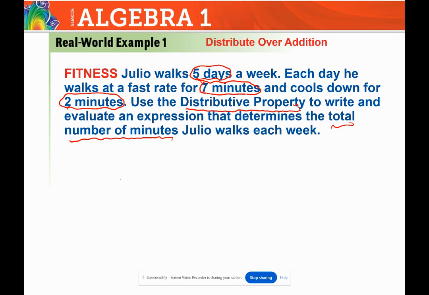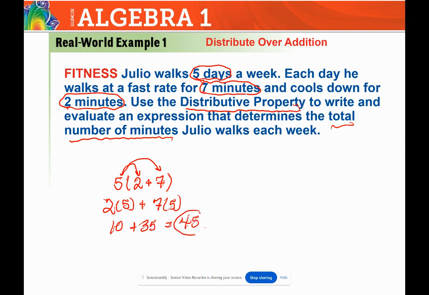I'm going to take 5 times the 2 plus the 7, so I'm distributing the 5 with the 2 and the 7. We can think of it as 2 times 5 plus, notice my sign's not changing, 7 times 5, which would be 10 plus 35, which equals 45.